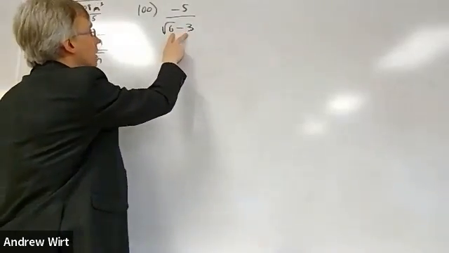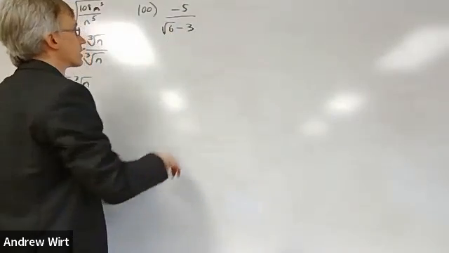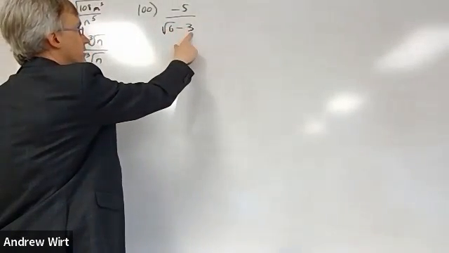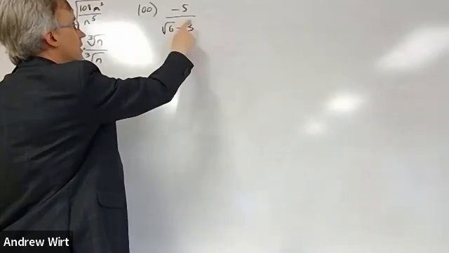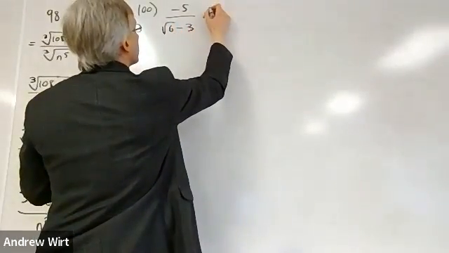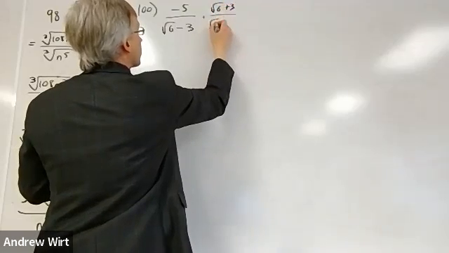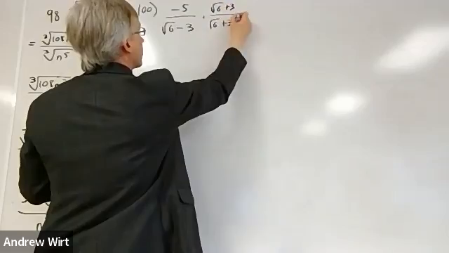So in order to simplify this, we're going to need to multiply by the conjugate. So remember, the conjugate is the same terms, different sign. So we're going to multiply by square root of 6 plus 3 over the square root of 6 plus 3.